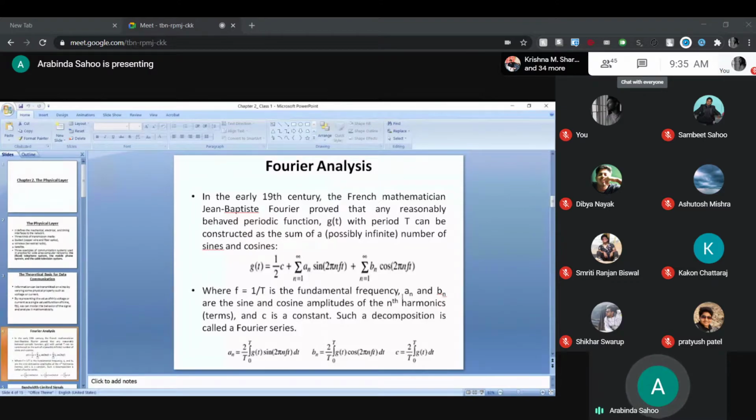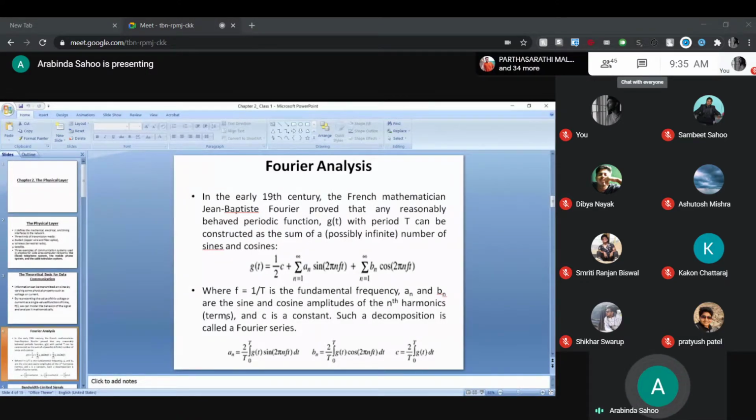And an and bn are the sine and cosine amplitudes. This is also known as Fourier coefficients, associated with your sine term and cosine term. An and bn are the sine and cosine amplitudes of the nth harmonic terms.